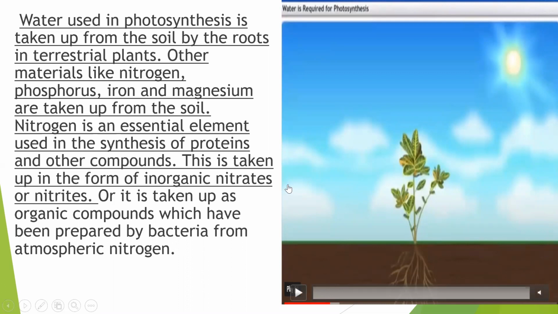Now, we already learned what the raw materials required for photosynthesis are. What are they? Carbon dioxide, water, sunlight, chlorophyll, minerals, etc. Water used in photosynthesis is taken up from the soil by the roots in terrestrial plants.